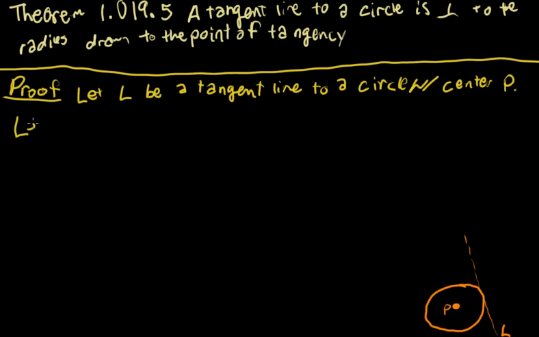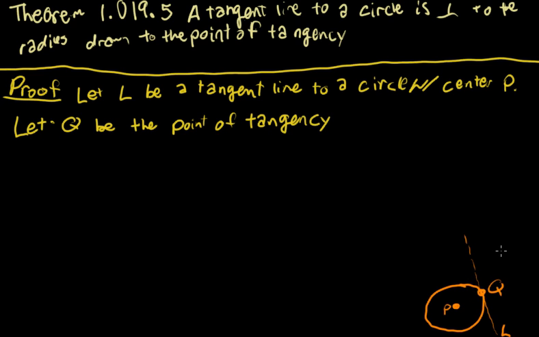We'll say let Q be the point of tangency. So we'll have a point Q right here. That's the point where L meets the circle.